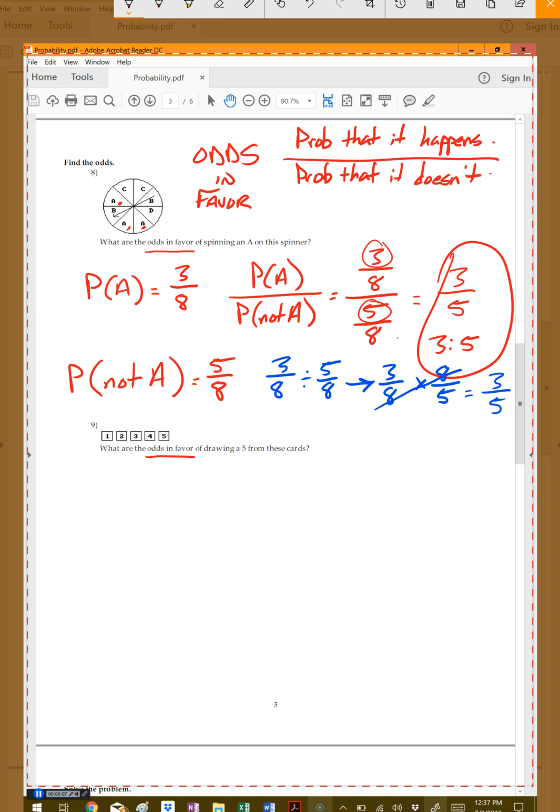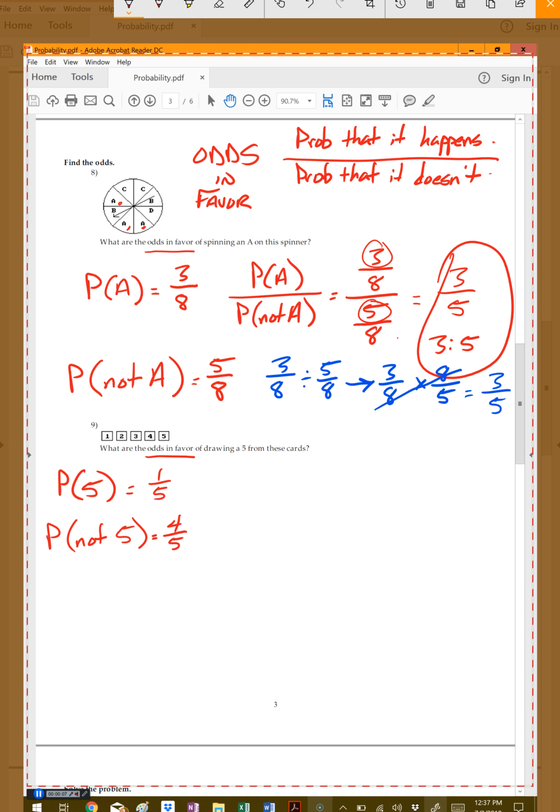Okay, I'm going to go back to red. We'll go down to number 9, and then we'll look at odds against. Now we know how to calculate the odds, so we'll go through this a little quicker. The probability of drawing a 5 is 1 in 5. The probability of drawing not a 5, or something other than a 5, is 4 out of 5.